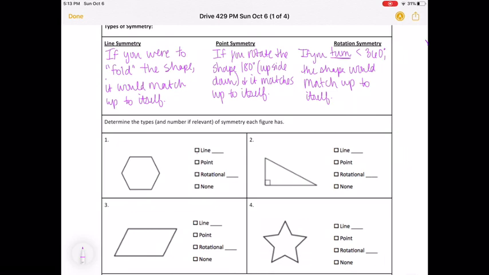And here you want to think about your line of symmetry. You're going to see this drawn fairly often. It's like a dashed line, okay? So one way I could fold it to make it match up to itself would be right down the middle, okay? So there's one line of symmetry. So I know at least has it, so I'm going to put a check mark there. It has at least one.